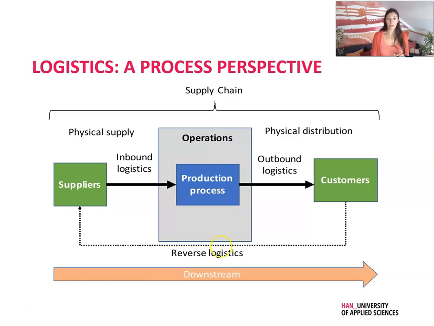One final word I would like you to become familiar with is that all the flows of product, the material that goes from suppliers toward the customers, is defined as moving downstream. If the product follows reverse logistics, so it goes from the customer to the supplier, it would go upstream, the opposite direction to downstream.